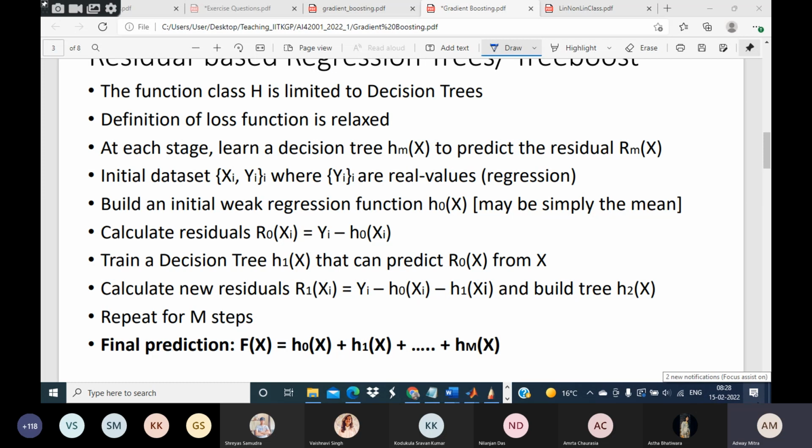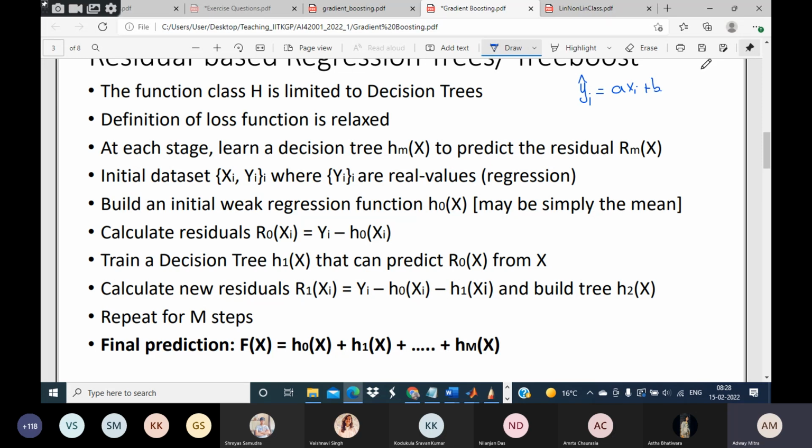But unlike something like linear regression, where we basically define something called a loss function. In linear regression, my predicted value is a·xi plus b, while my true observation is yi.